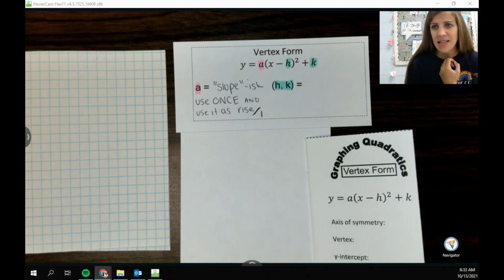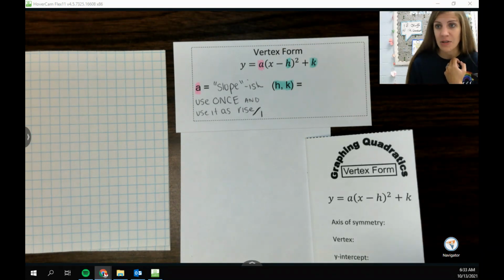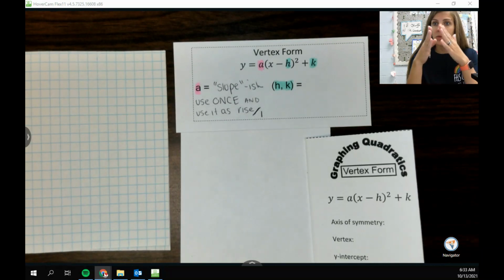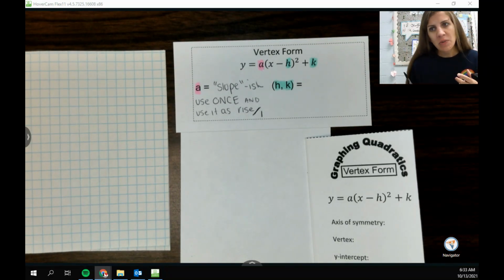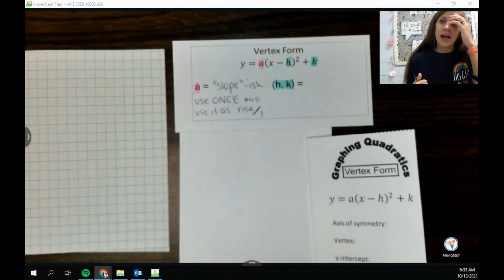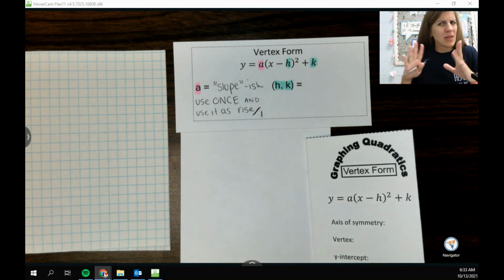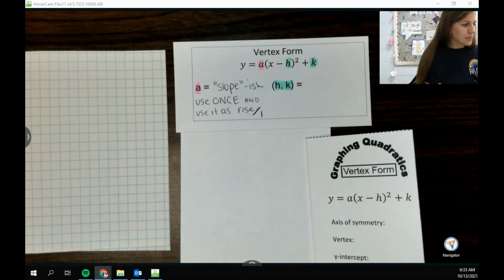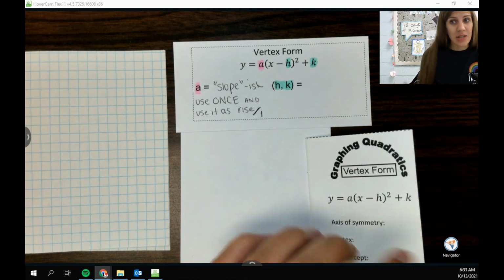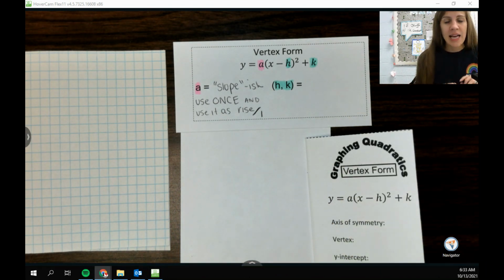That's fine and everything. If your A value is 2, you're going to go up 2 over 1. It's just weird when it's a fraction. So if my A value was a half, I would have to go up a half over 1. That's where it gets a little strange. But it's still helpful because it gives you a good idea of what your graph is doing.